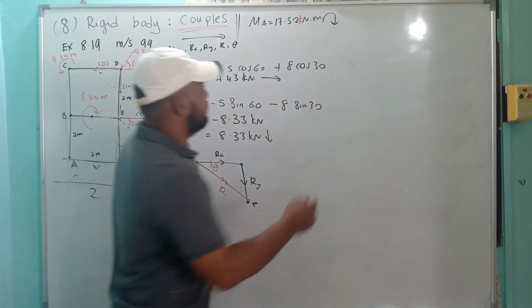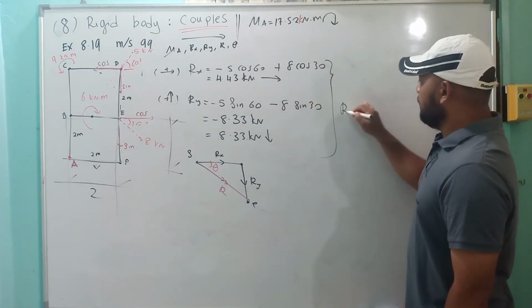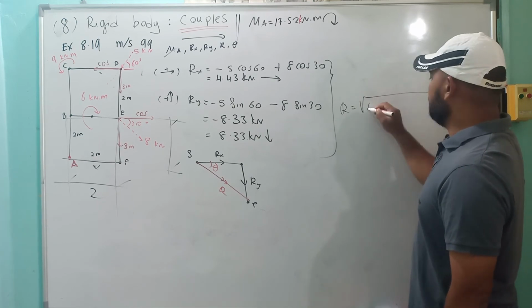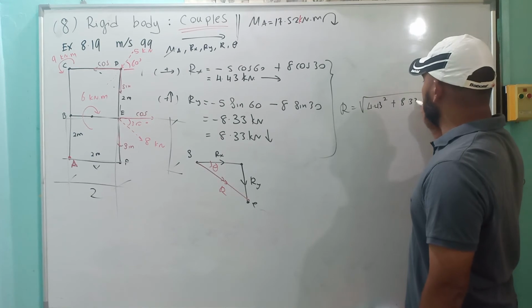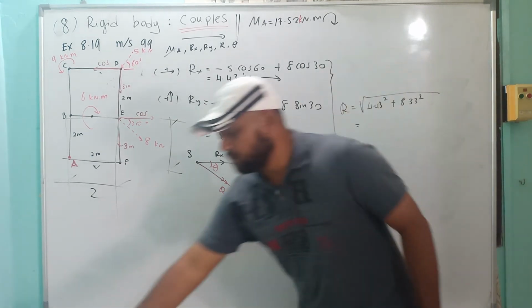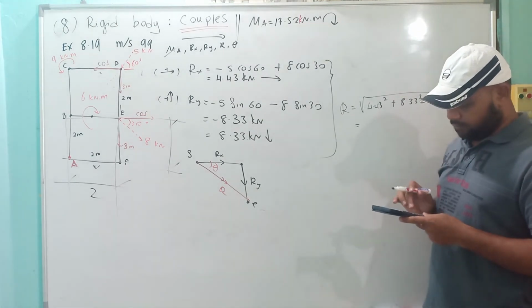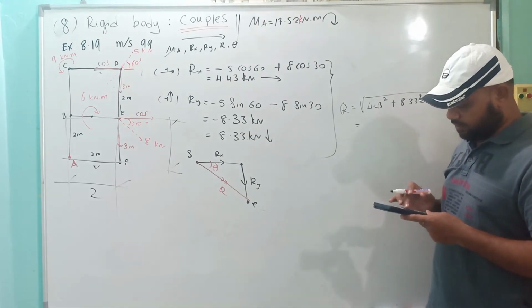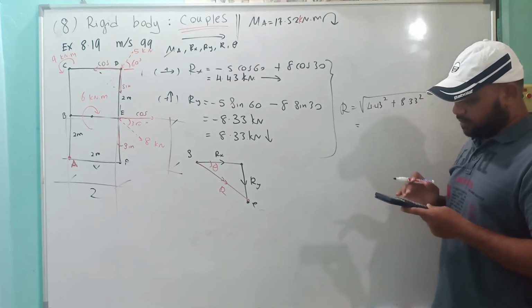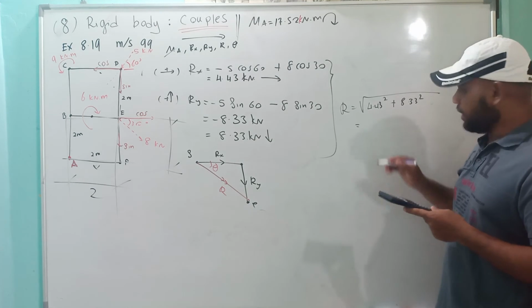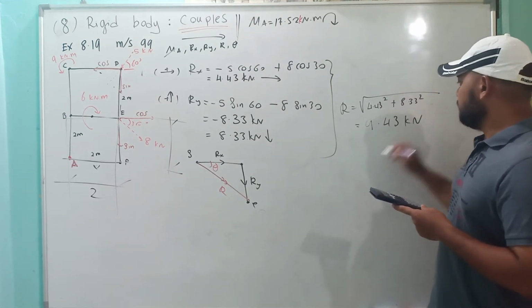R equals the square root of 4.43 squared plus 8.33 squared, which gives 9.43 kilonewton.